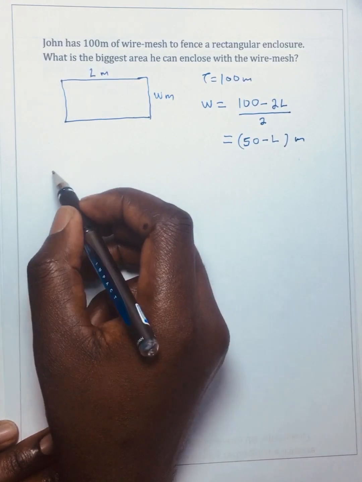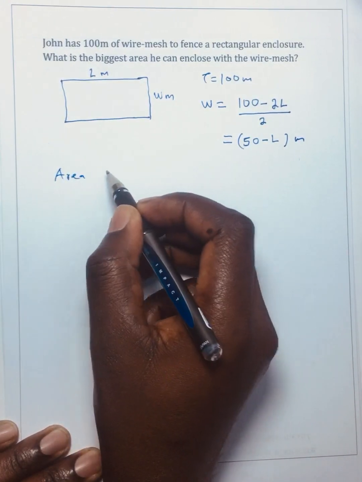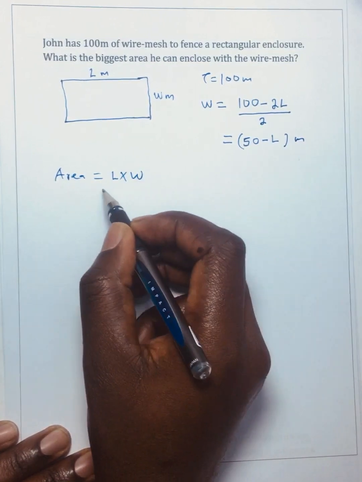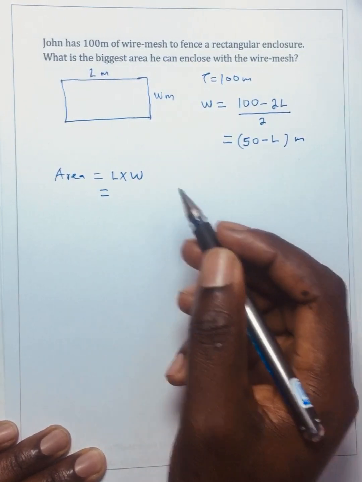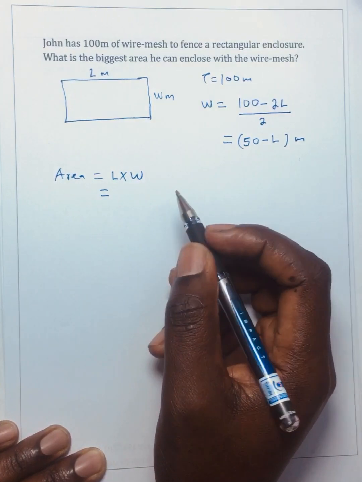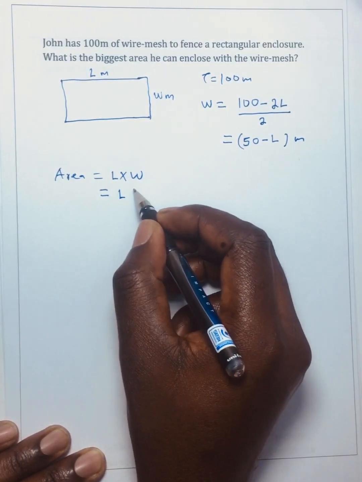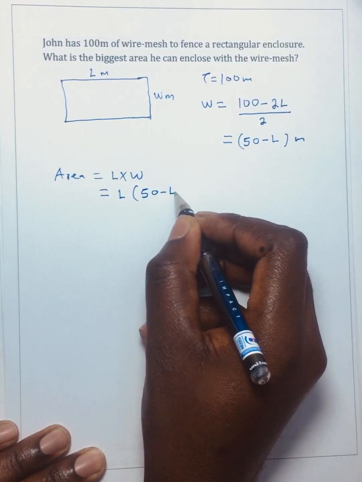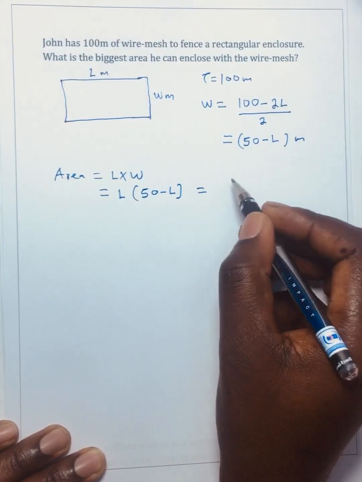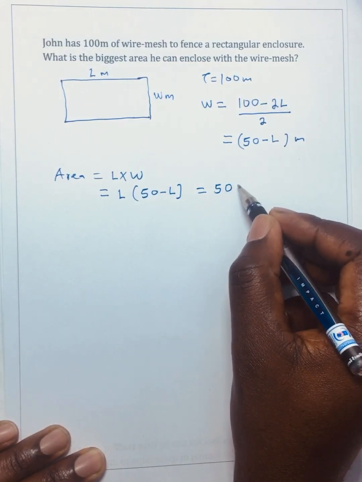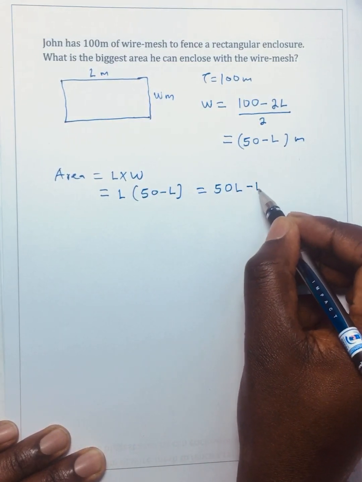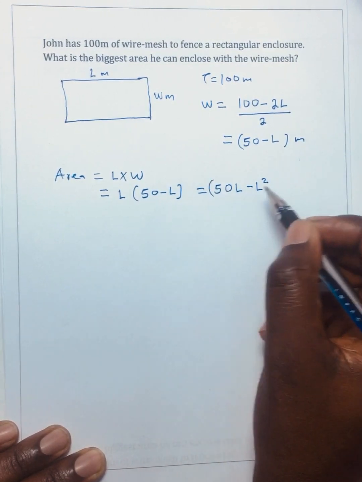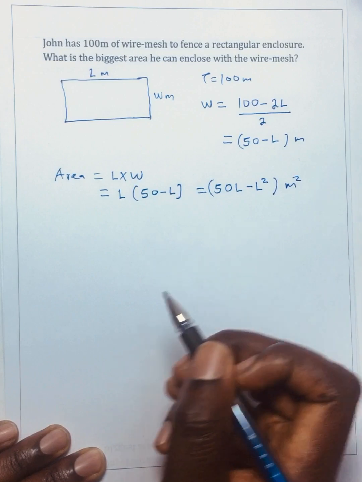The area of a rectangle is given by length times width, and we have the length as L times the width, which is 50 minus L. So that will be 50L minus L squared. Okay, so that is in square meters.